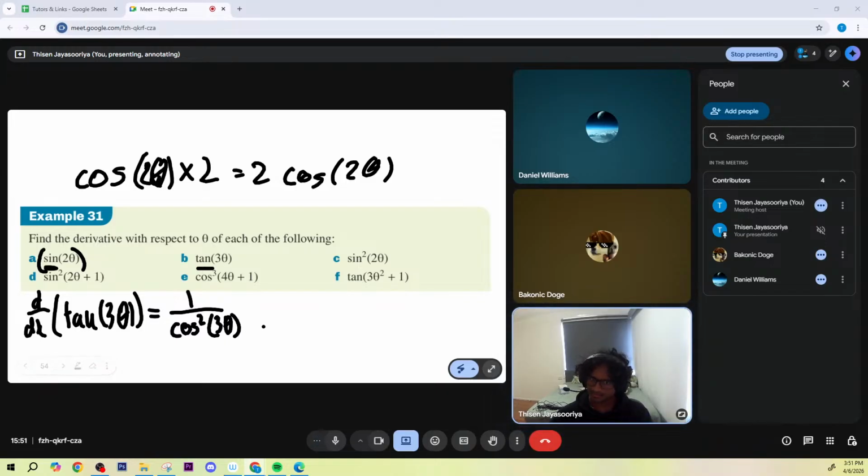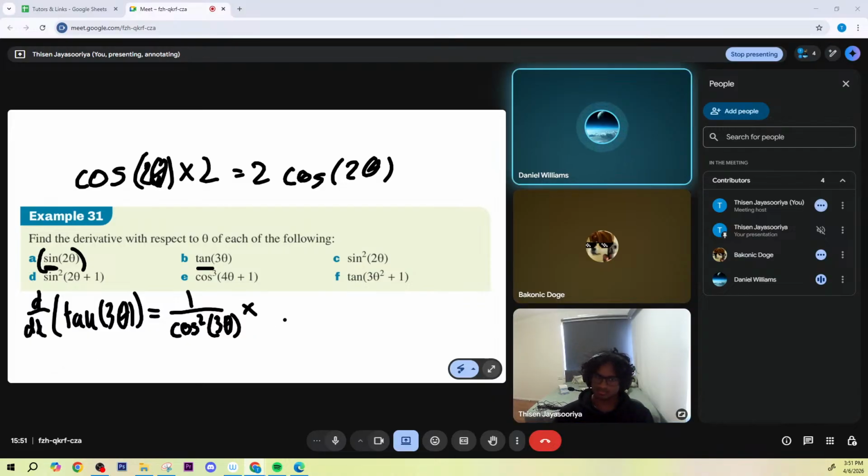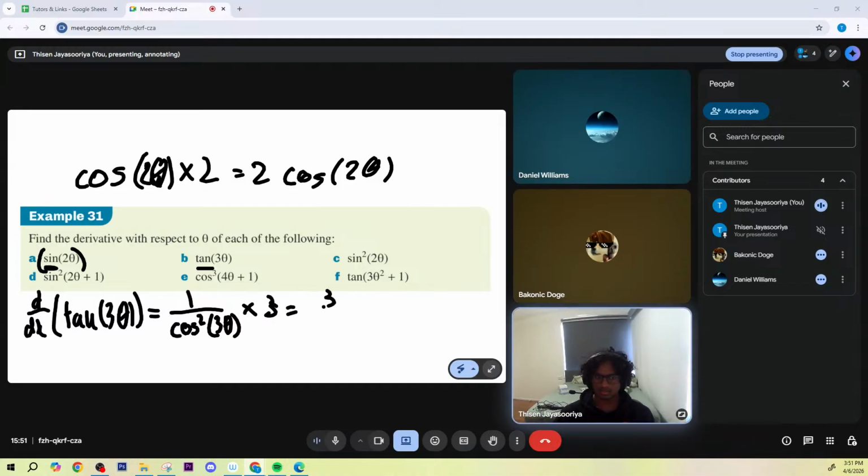What's the derivative of the inside function? We're multiplying it by 3, right? 3. So that means it's just going to be 3 cosine squared 3 theta. Does that make sense?